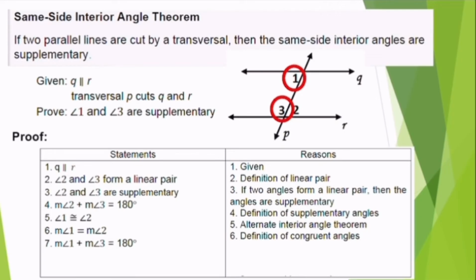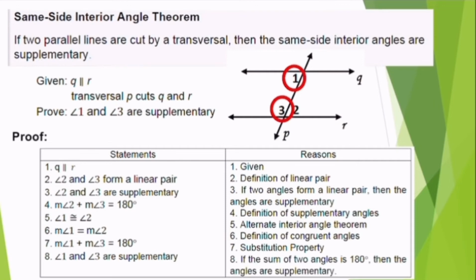The reason is by substitution property. And for our last statement, angle 1 and angle 3 are supplementary. The reason? If the sum of two angles is 180 degrees, then the angles are supplementary. And that is the same side interior angle theorem.